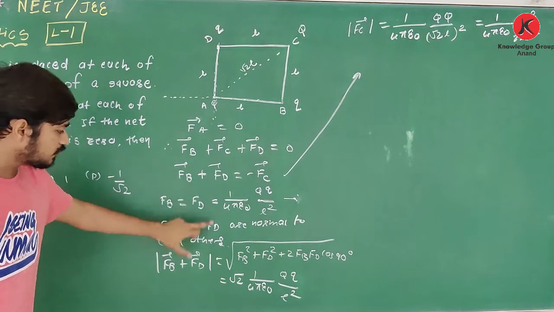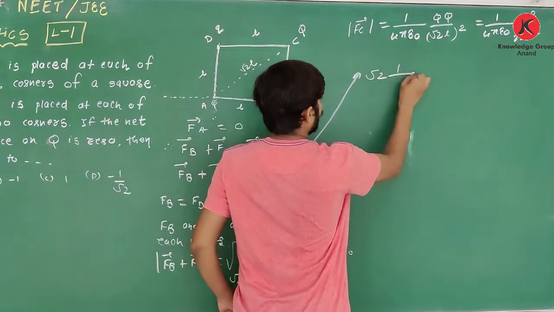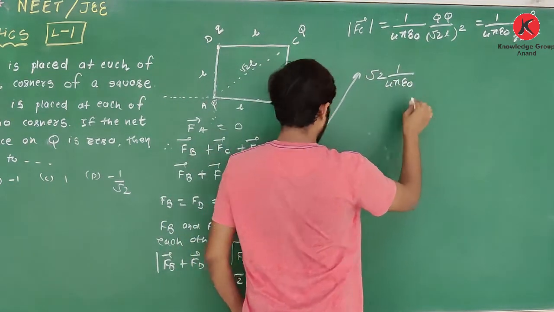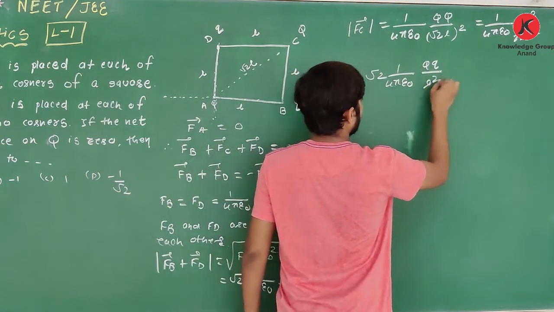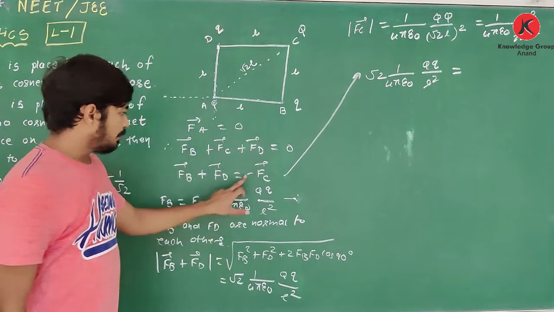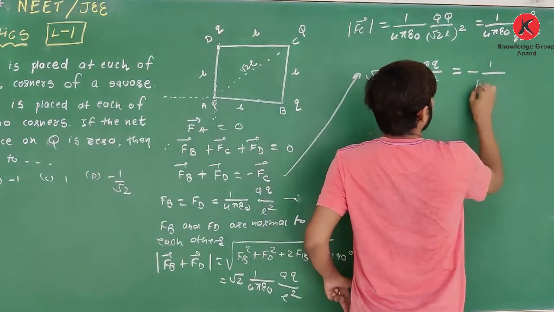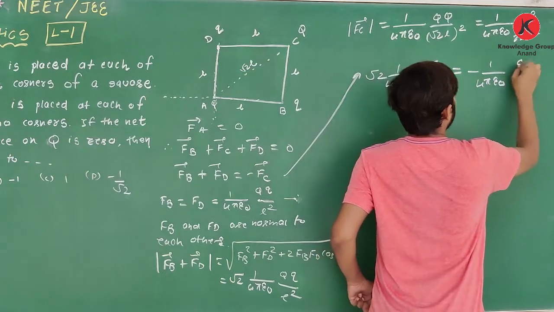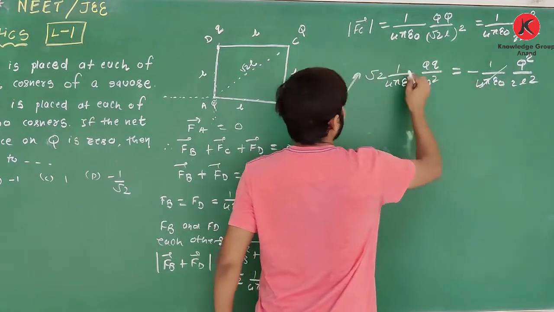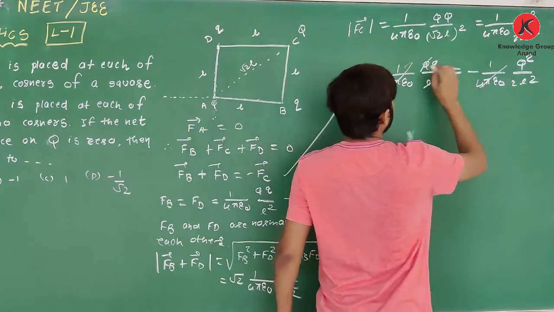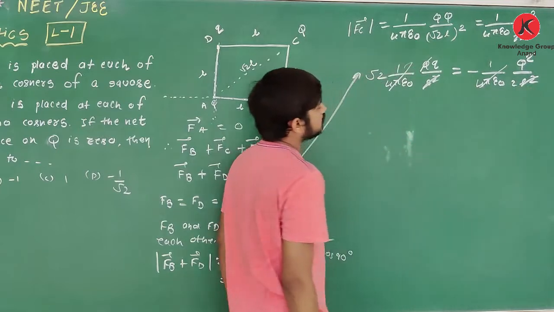The magnitude of FB plus FT is root 2 times 1 upon 4 pi epsilon 0 QQ upon L square, equal to minus the magnitude of FC, which is 1 upon 4 pi epsilon 0 times Q square upon 2L square. So 1 upon 4 pi epsilon 0 cancels, and L square cancels. Yes or no?